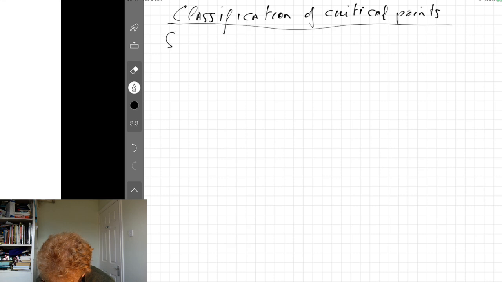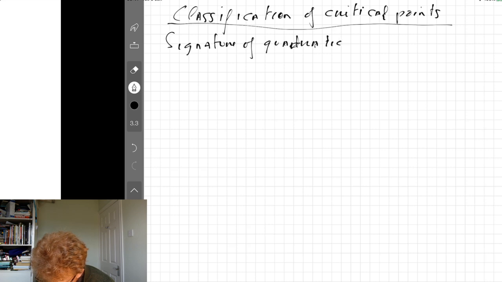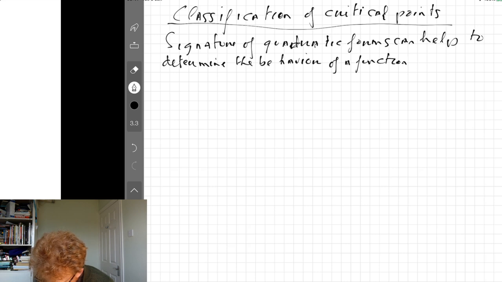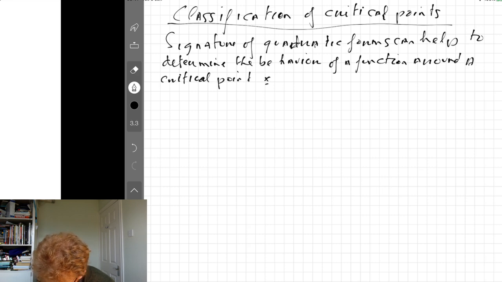The signature of quadratic forms can help to determine the behavior of a function around a critical point, a critical point x0, which we found.